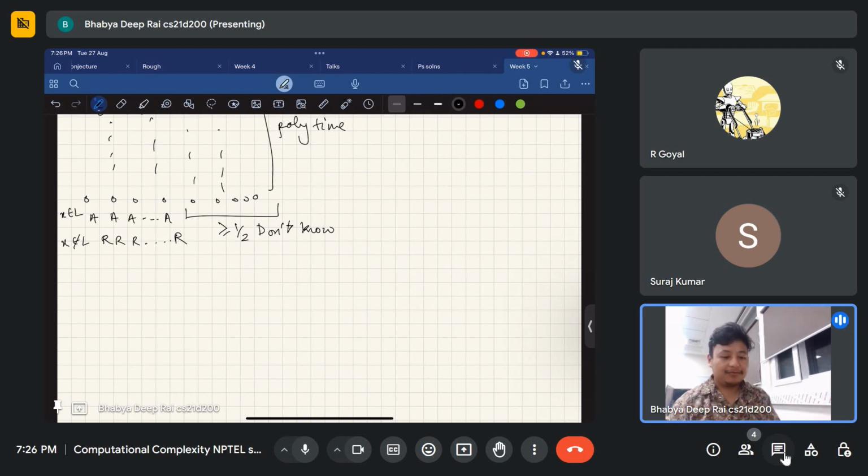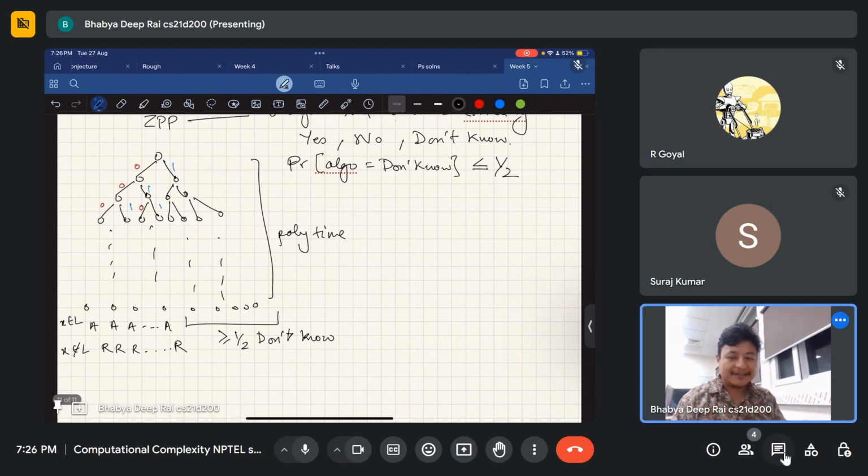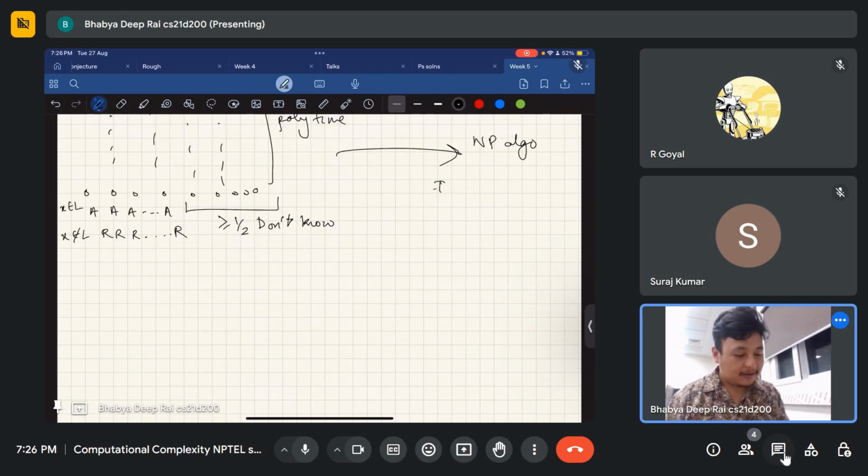Now how do I convert this algorithm to an NP algorithm? I want to show that ZPP is contained in NP. The idea is simple: if the ZPP algorithm says don't know, then reject.